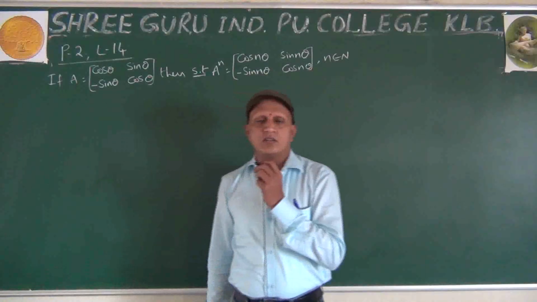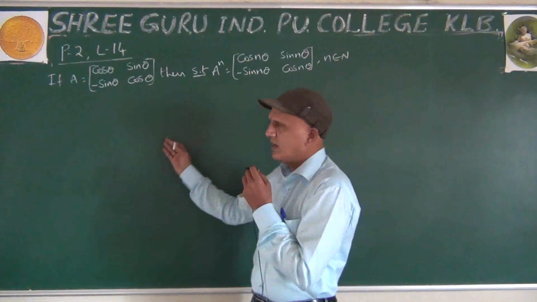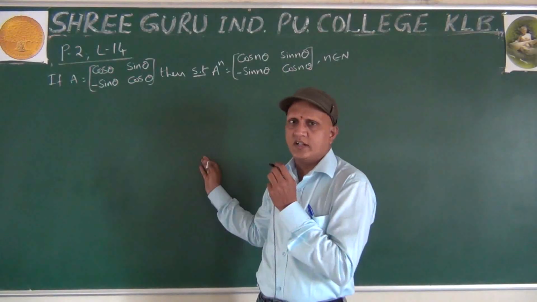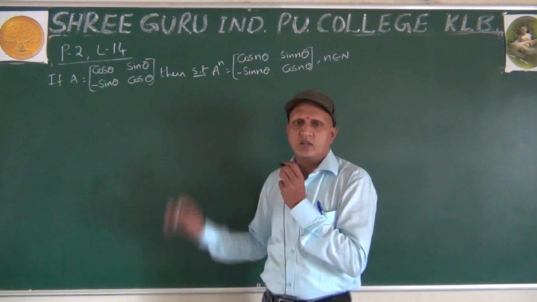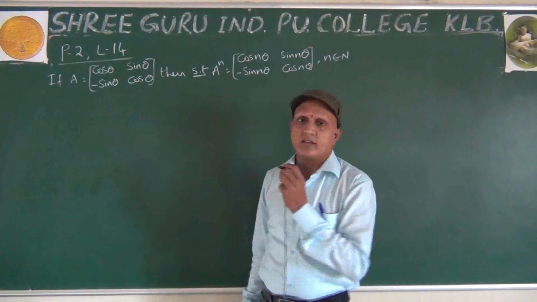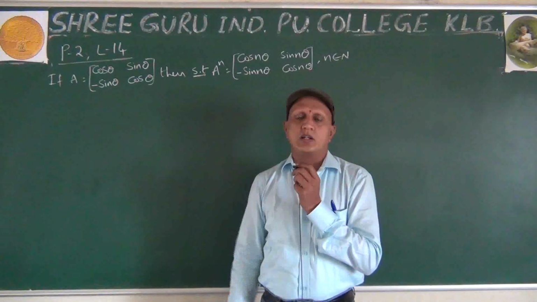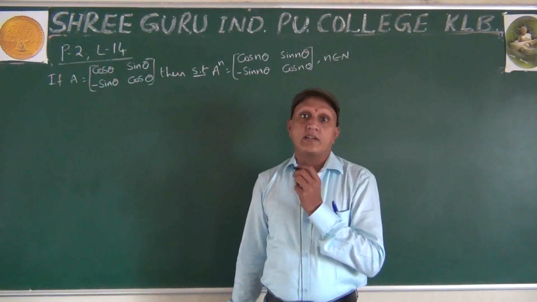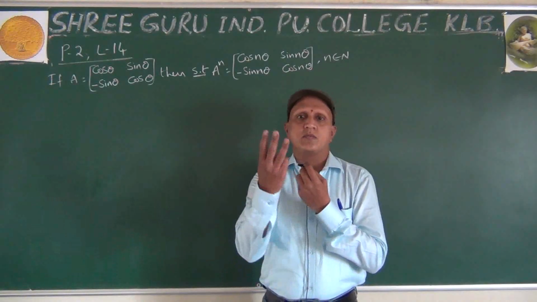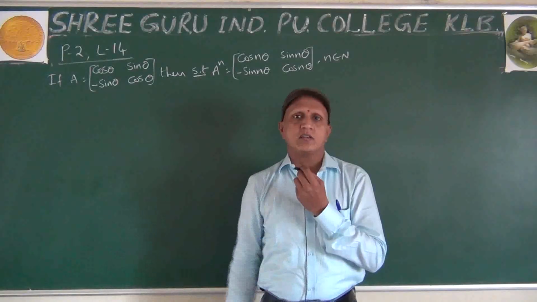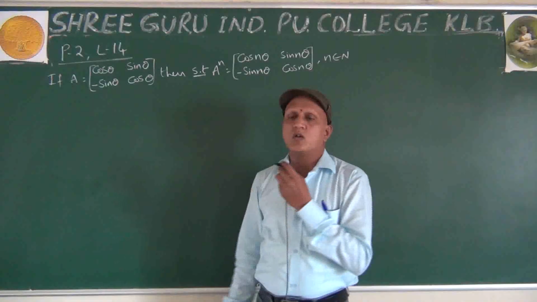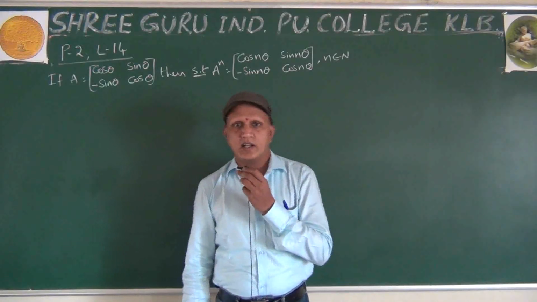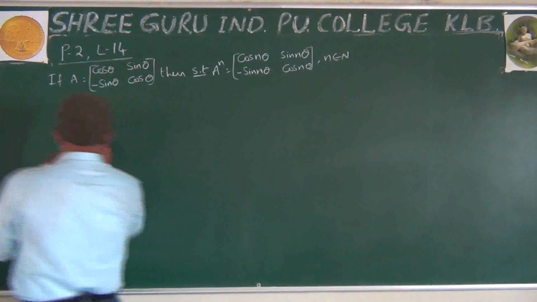Such questions: A square means A into A we find, A cube means A into A into A we find. What about A power n? How many times do we have to multiply? N times, how to multiply? So such questions we have to do by using mathematical induction. Okay, let us see.